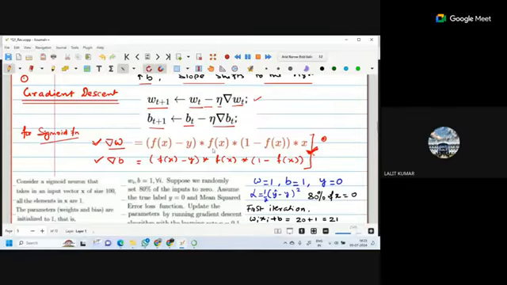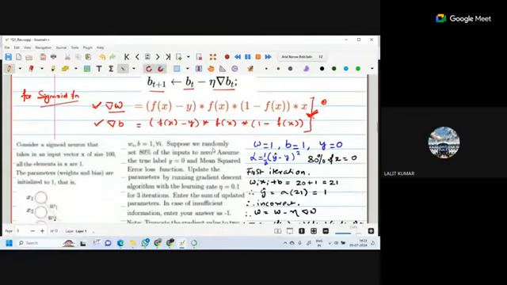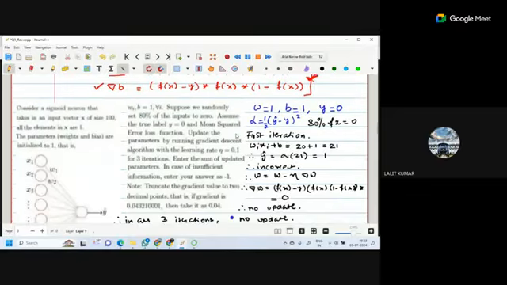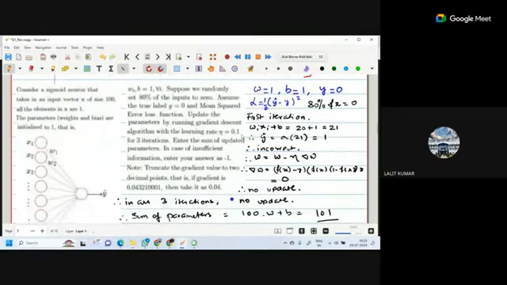Now, there will be questions based on this concept for the calculations. So I have taken a question from an earlier previous question paper. The question is: consider a sigmoid neuron that takes in an input vector x of size 100. All the elements in x are 1. The parameters, weights and bias, are initialized to 1, that is W_i = b = 1 for all i.